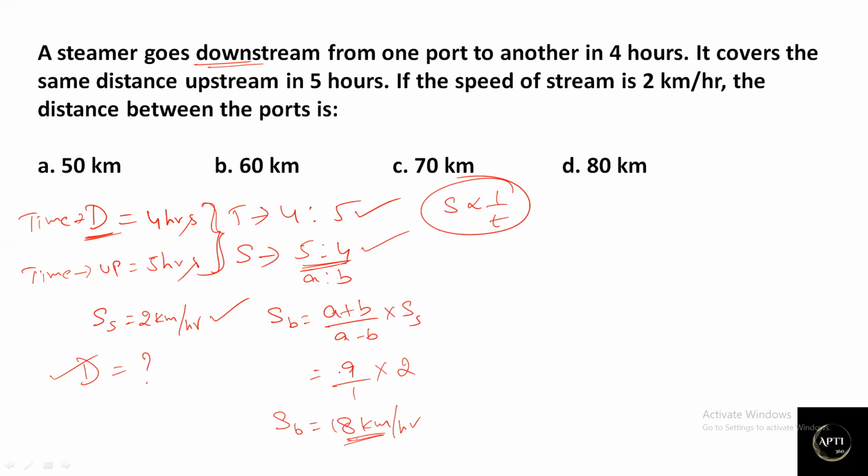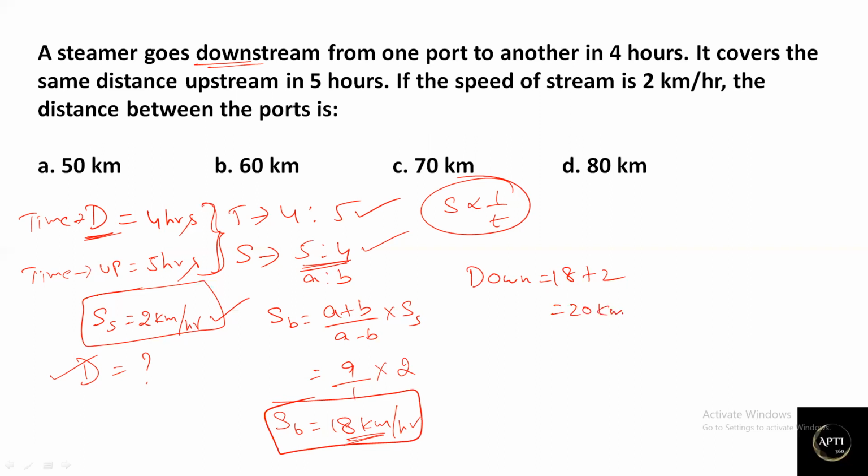You already know the speed of the boat, which is 18 kilometers per hour, and the speed of the stream, which is 2 kilometers per hour. Downstream is equal to 18 plus 2, because it is the speed of the boat plus the speed of the stream, which is 20 kilometers per hour. That's it, we are done with 99% of our answer.